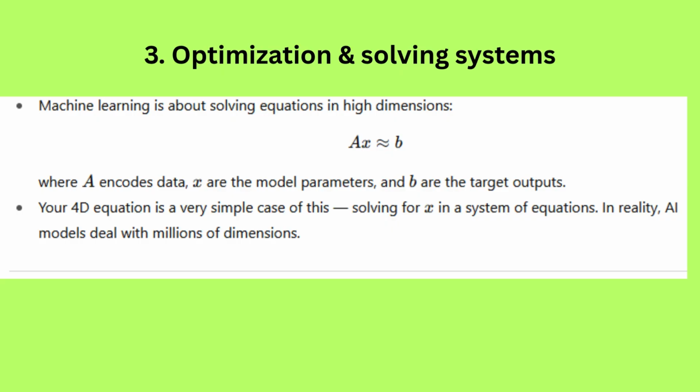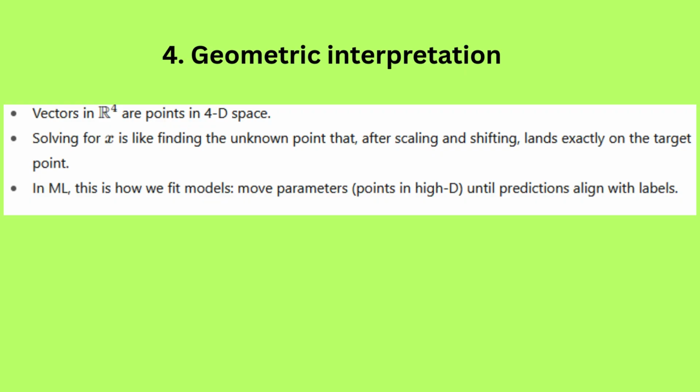So you can think of your 4D equation as a very simple case whereby we're solving for x in a system of equations. In reality, AI models deal with millions of dimensions. So understanding this helps to push to the next level. Geometric interpretation. So vectors in 4-tuple are points in 4D space.